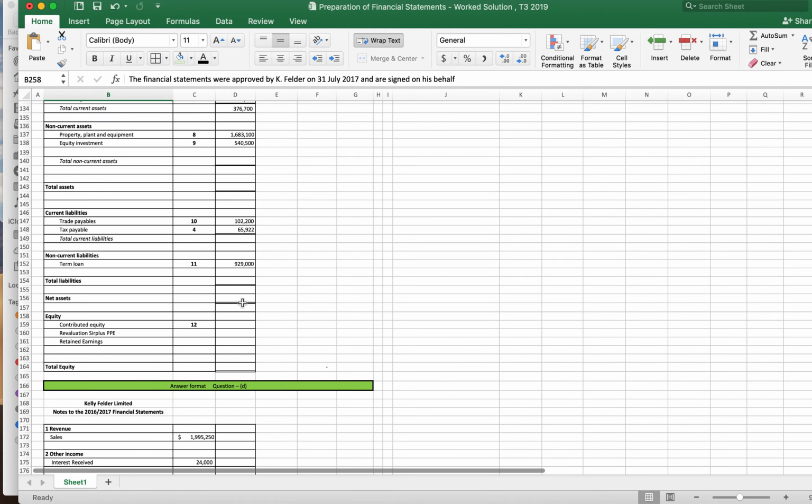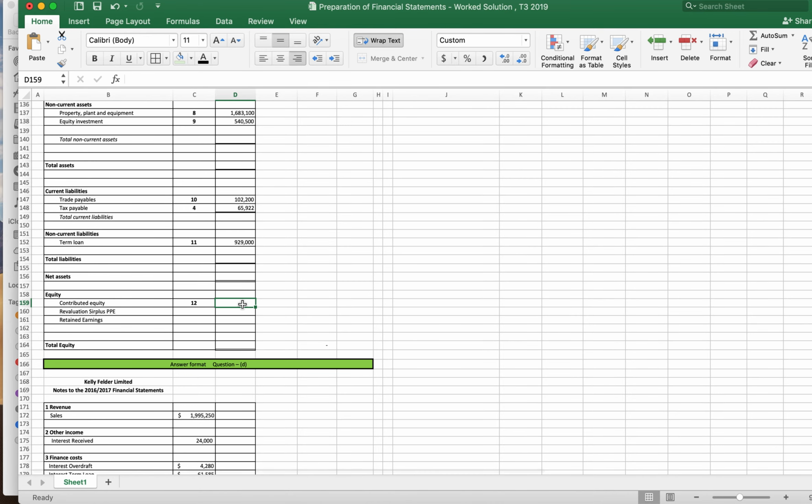Contributed equity, revaluation surplus, maybe the word needs to be spelt better. Valuation surplus looks unusual. Retained earnings.